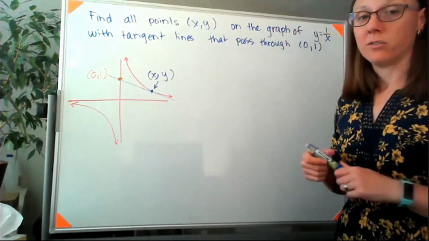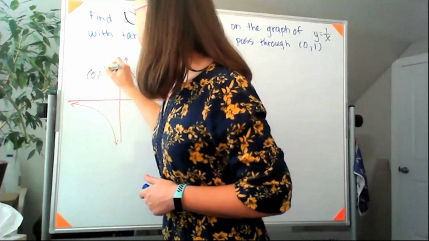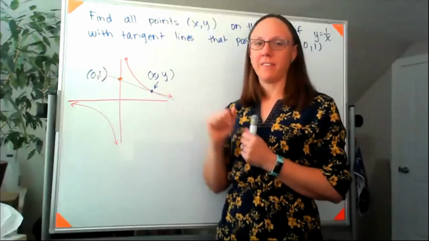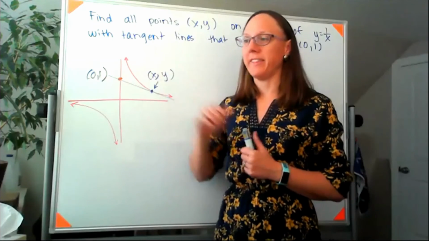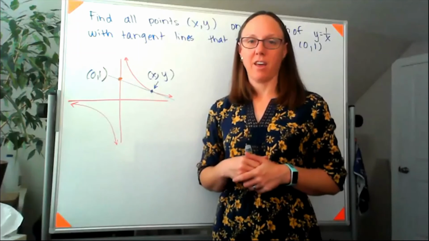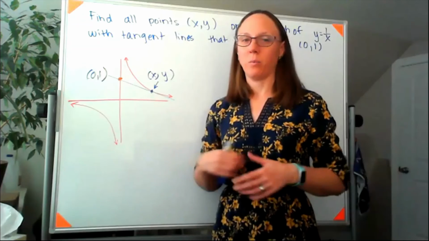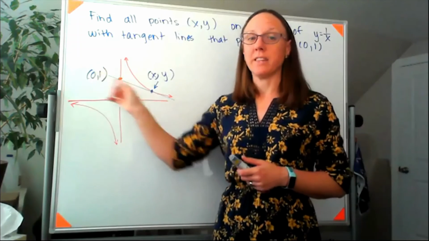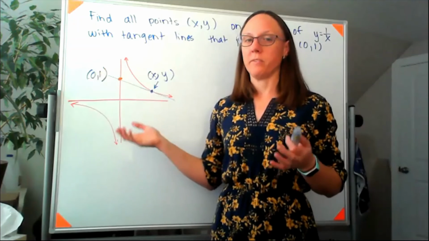I also know that because I've drawn in this tangent line, and I've drawn in 2 points on that tangent line, the old school slope for this line has to be the same as the slope that we get when we take the derivative. Meaning the slope between these 2 points has to match up with the slope of the tangent line.